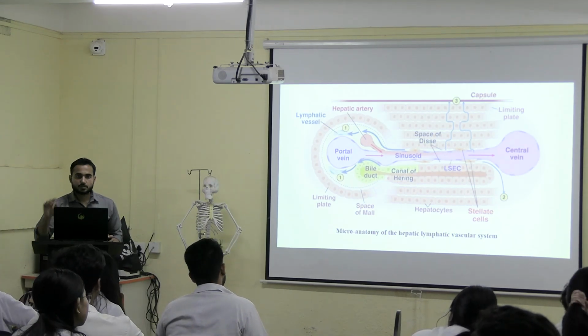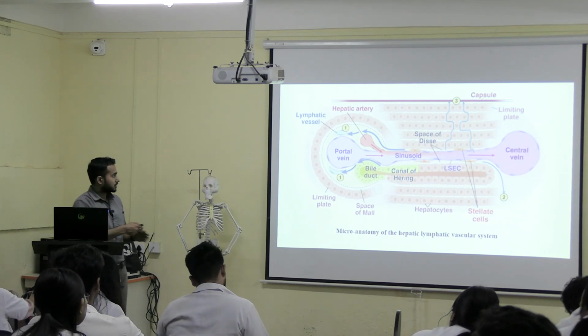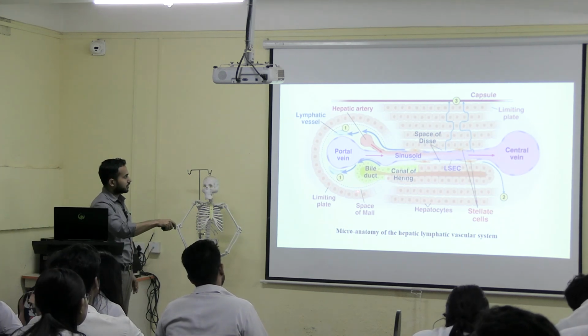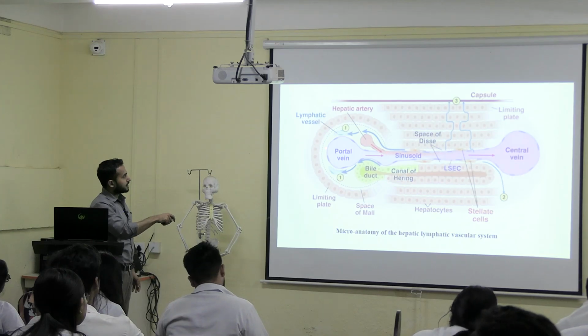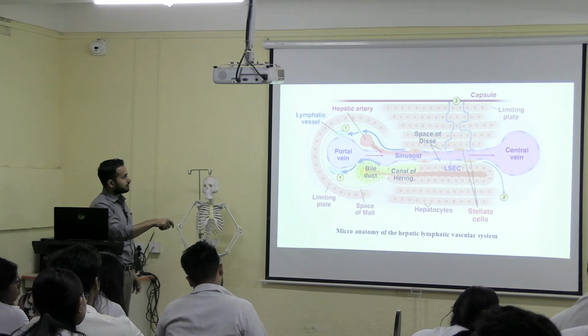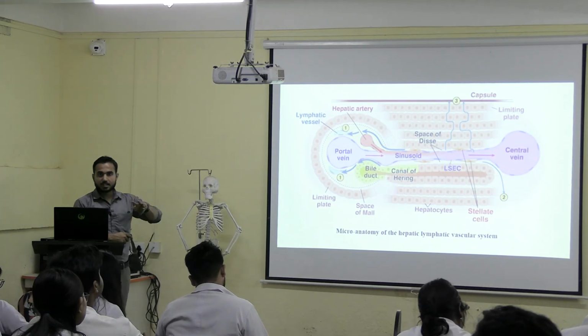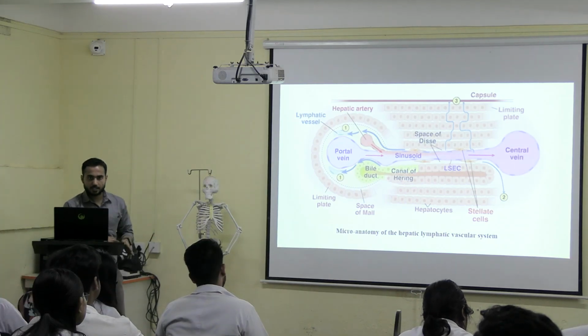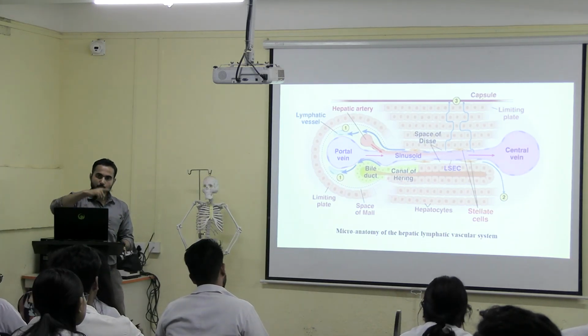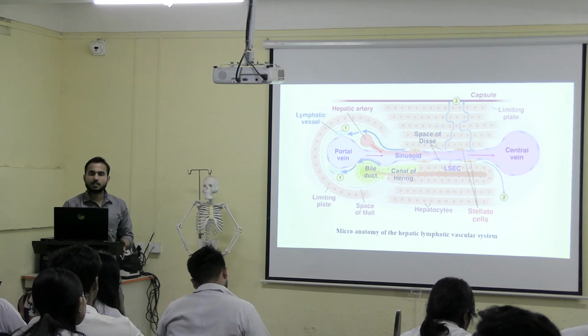ठीक है. तो space of Moll कहाँ पे रहता है? Just see the space of Moll. This is the portal triad. In the portal triad you can see the portal vein, hepatic arteriole and bile ductule. These three structures form the portal triad. Around the portal triad, first of all you are getting a connective tissue covering.